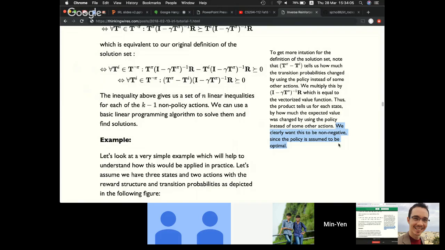They all have to be positive. So that's why we have this inequality to be positive. This inequality gives us a set of linear inequalities, one for each state in the trajectory, for each of the k minus one non-policy actions. I have to choose between all of the script A actions at each time step. And so I can set up a linear programming algorithm for that.